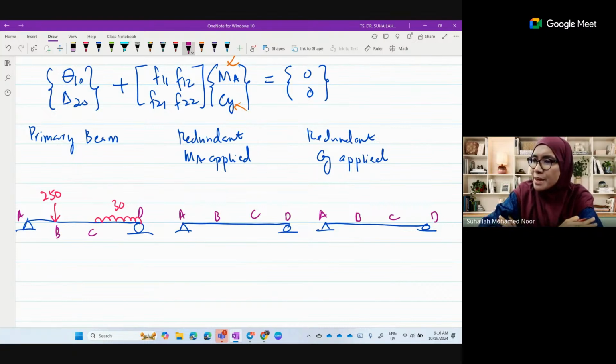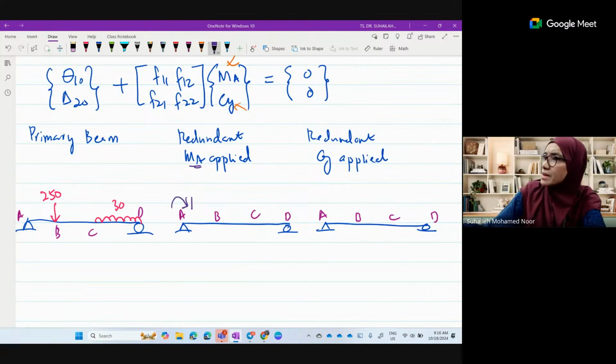Okay, primary beam, redundant MA applied as redundant number 1, redundant CY applied as redundant number 2. In redundant number 1, redundant MA applied, we will apply a unit value at A. So kita tengok nama ni, kita dah tahu dah nak letak unit value tu kat mana, right?